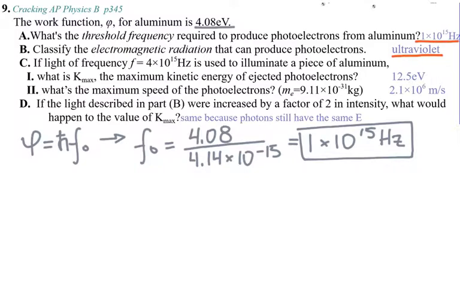For C, if light of frequency 4 times 10 to the 15 hertz is used to illuminate a piece of aluminum, what is the maximum kinetic energy of ejected photoelectrons? So we know that the energy of the photon is equal to h times the frequency of the photon, and we just found the frequency of the incoming photons.